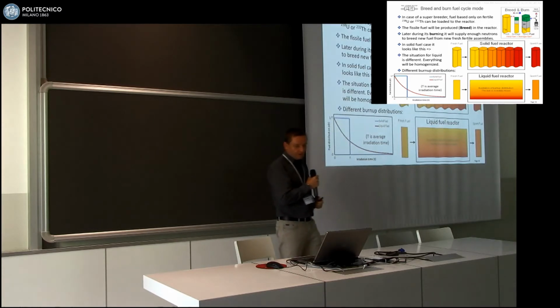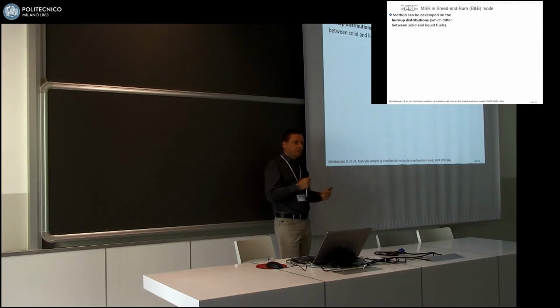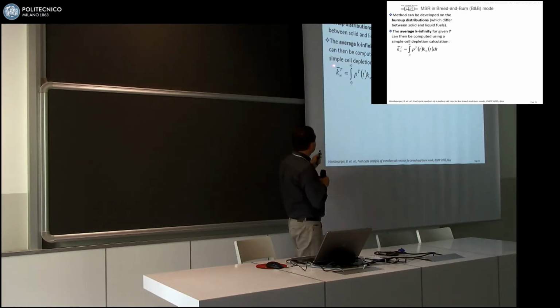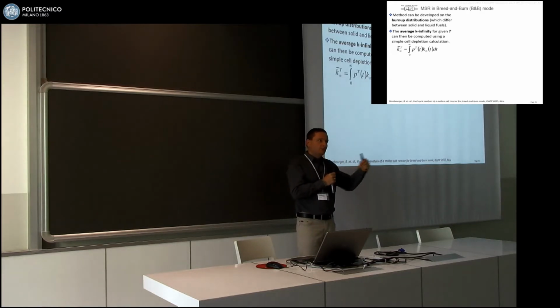Now, using these 2 distribution functions, you can derive a model, and you can finally say that the K infinity, because it's a study on an infinite lattice, of the breed and burn reactor is the probability of burn-up distribution multiplied by K infinity of a single cell which was irradiated from 0 to infinity.